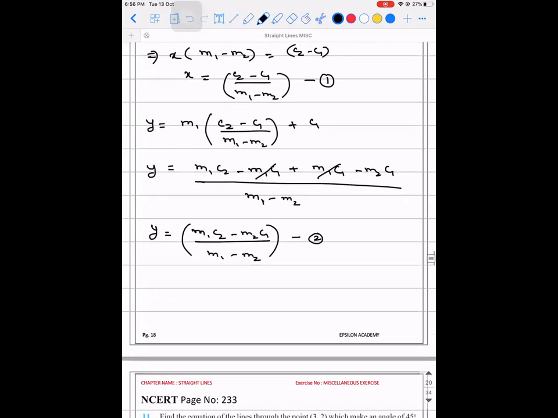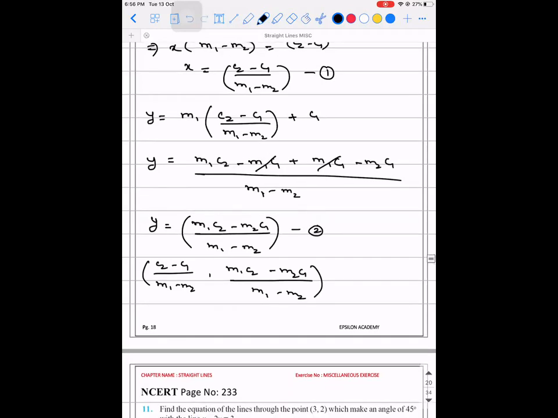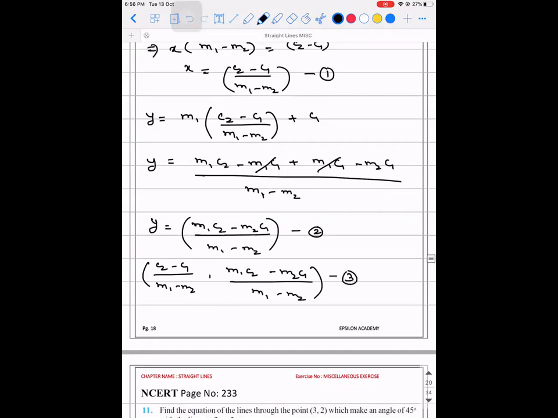So what are the coordinates, guys? c2 minus c1 by m1 minus m2, comma, m1c2 minus m2c1 divided by m1 minus m2. Right? So substitute this in the third equation.